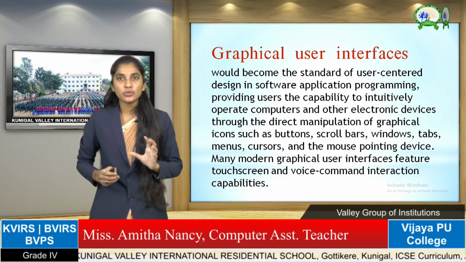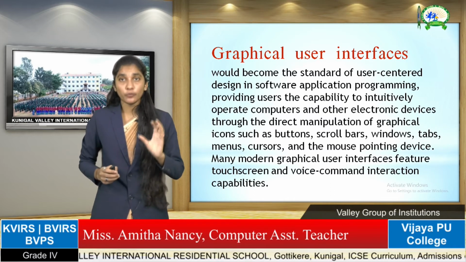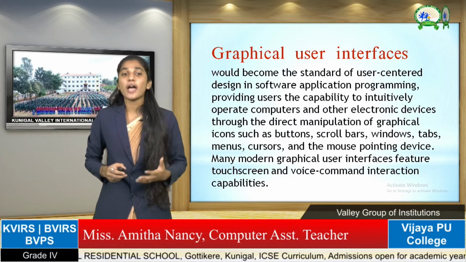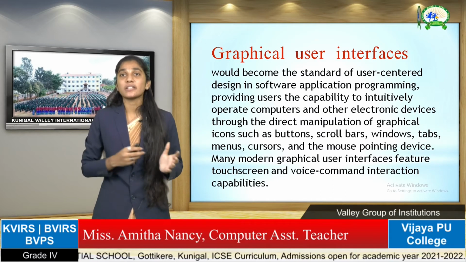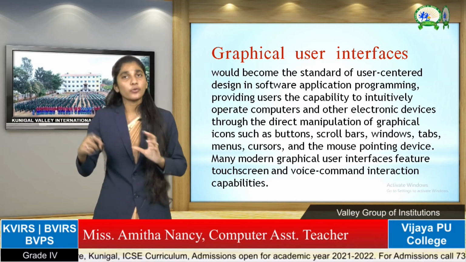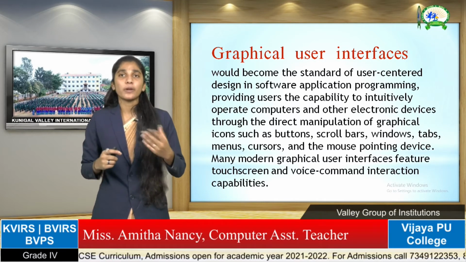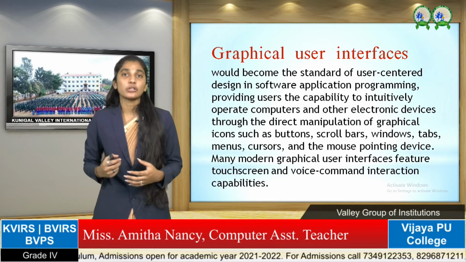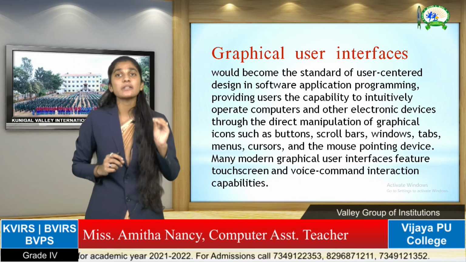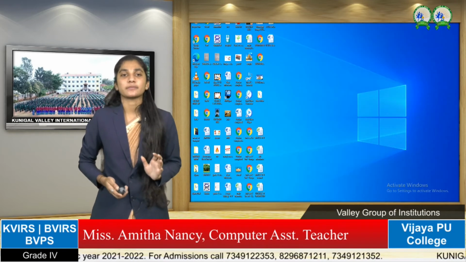By looking at the picture only, by looking at the symbol only, we can identify, okay, I have to press this, I have to press that. And we also have voice commands. On the touch screen in our mobile, we have one image for gallery, another logo for WhatsApp, or another logo for the files. All these things are known as the graphical user interface, that is represented by the graphics.